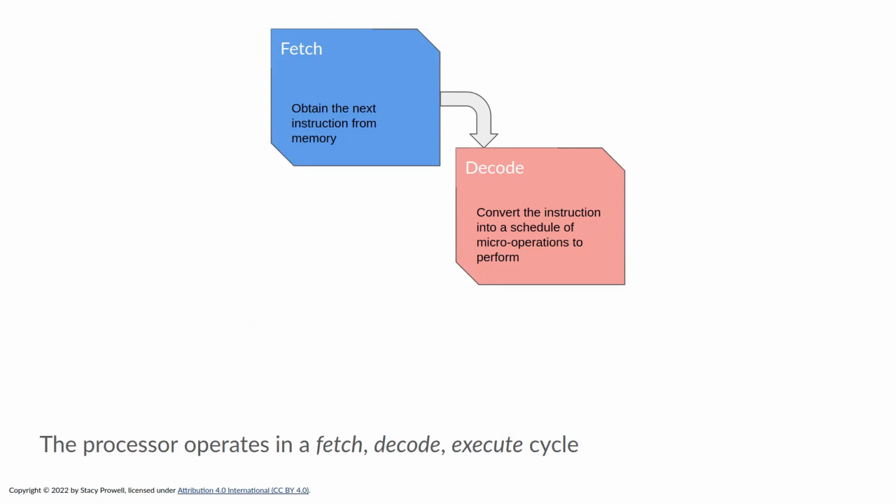So we take the instruction we get out of memory, we convert it into a schedule of micro operations. Things may have to go in registers, they may have to go to memory, things may have to be added or multiplied. That requires use of an ALU. This all requires scheduling resources on the processor. And so you wind up with a fairly intricate schedule, even for instructions that may seem pretty simple.